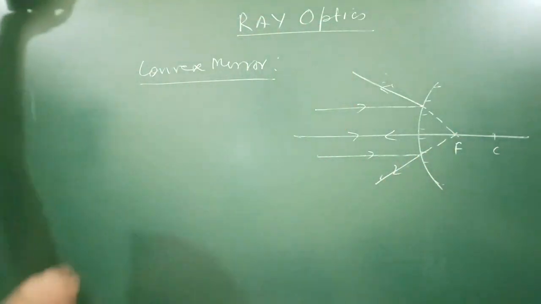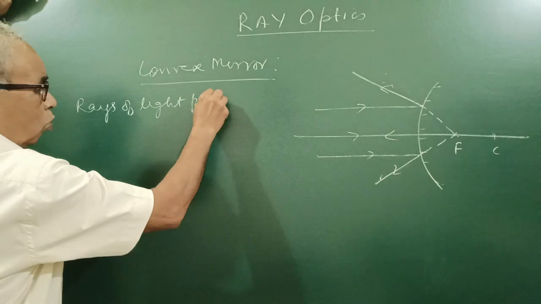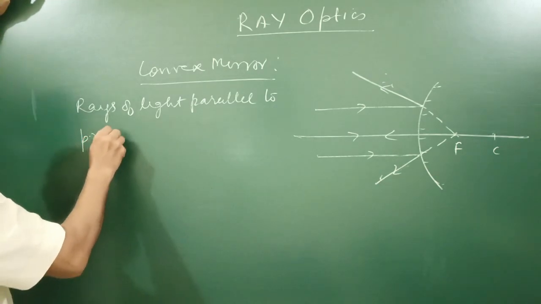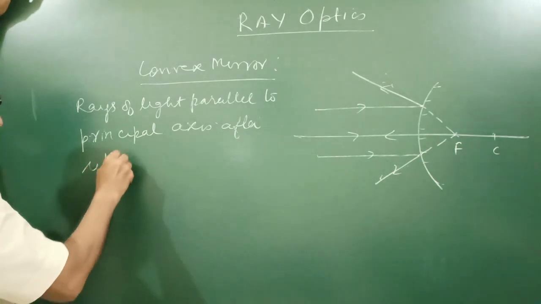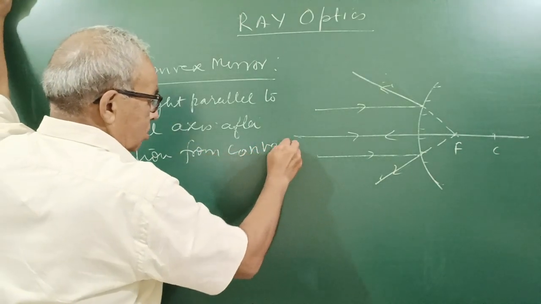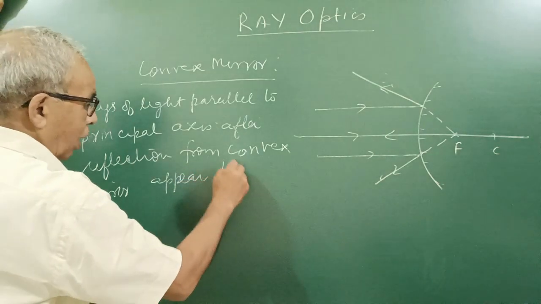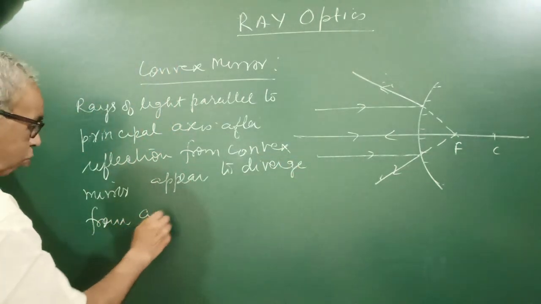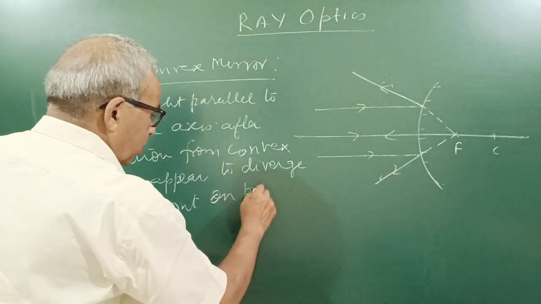So in case of convex mirror, rays of light parallel to principal axis, after reflection from convex mirror, appear to diverge from a point lying on the principal axis.